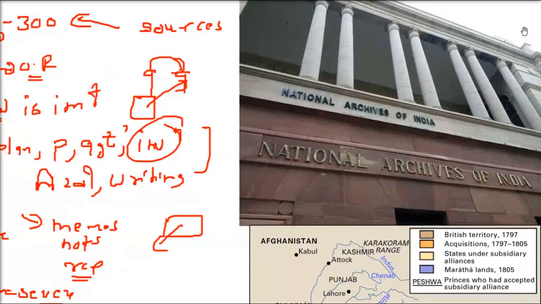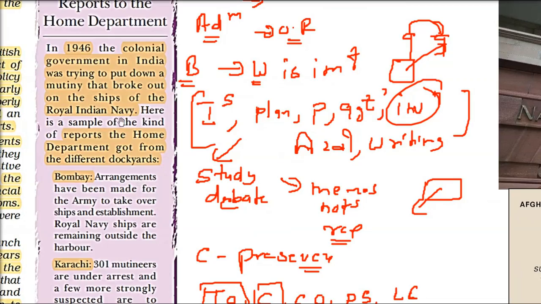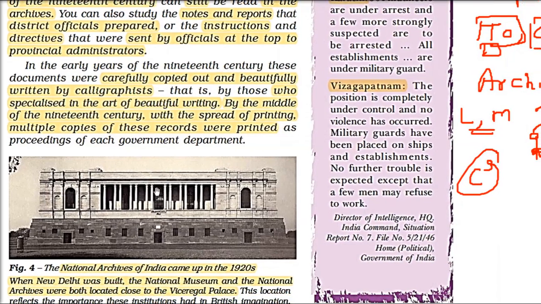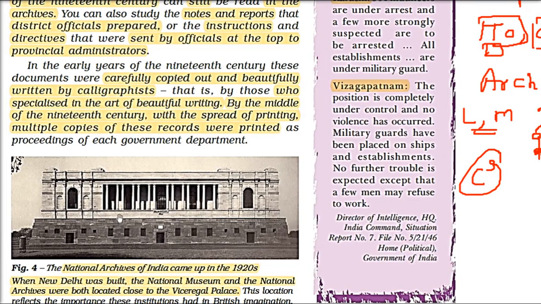Okay, let me show you one picture. This is the National Archives of India, Abhilekhagar. You can imagine it came in the 1920s. In the 1920s, even our fathers were not born at that time. So in New Delhi, the National Museum and National Archives were made where the Viceroy or the Governor General would live.